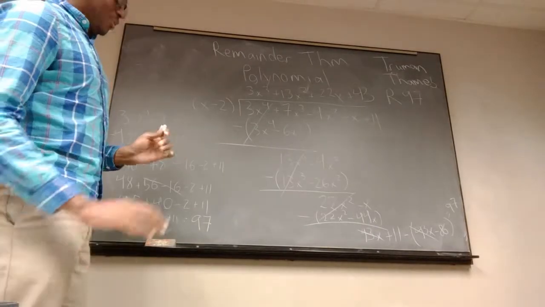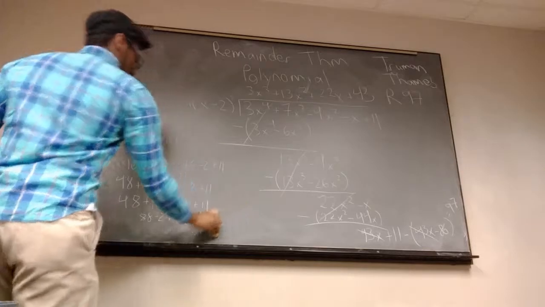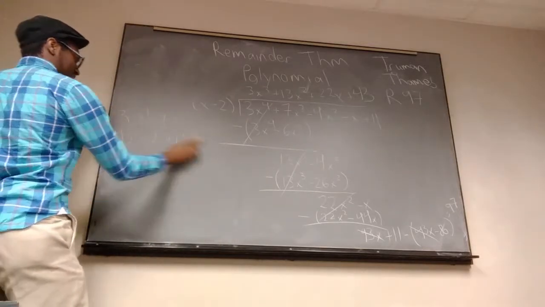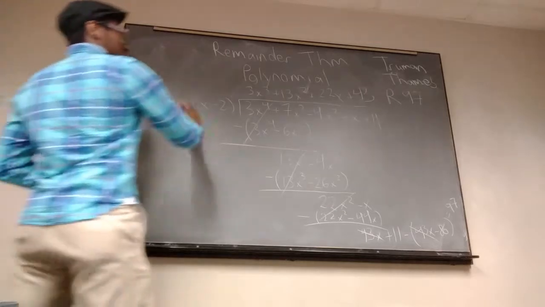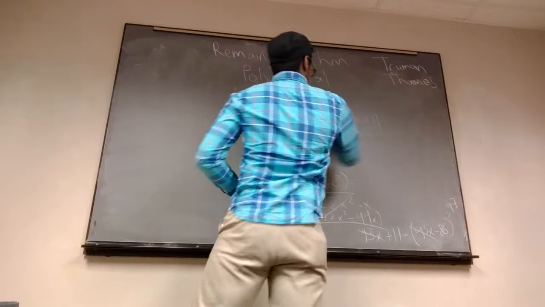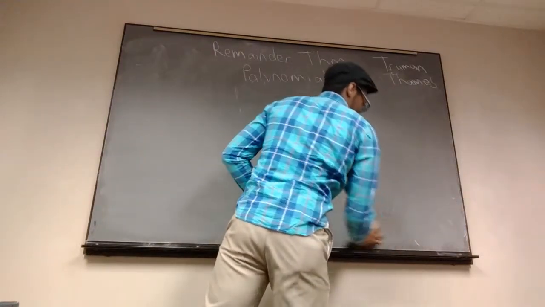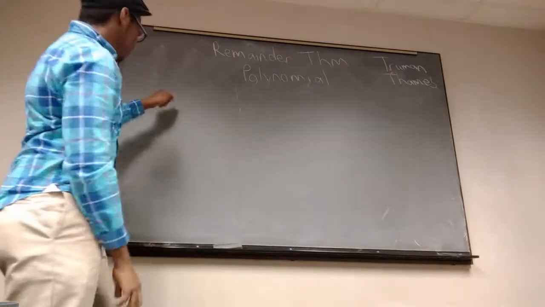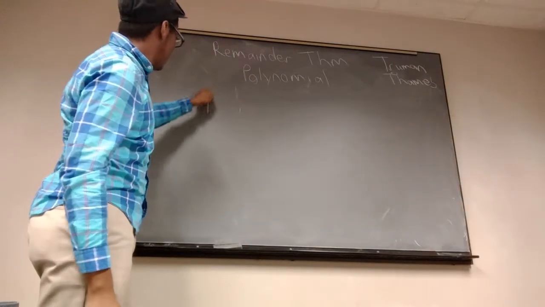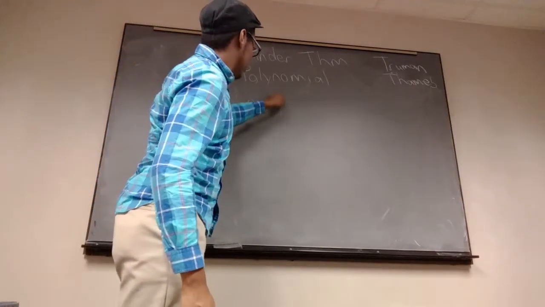Now, what I want to do now is explain how the algebra for that works out. So you can represent polynomials and the division process with a simple-ish equation. We know that for normal integer division, if we take our quotient times our divisor plus the remainder, we get our original number.